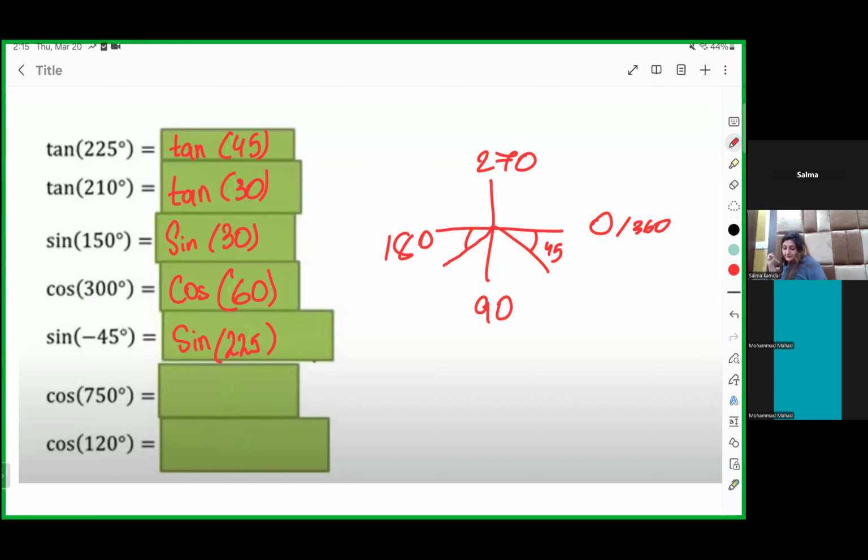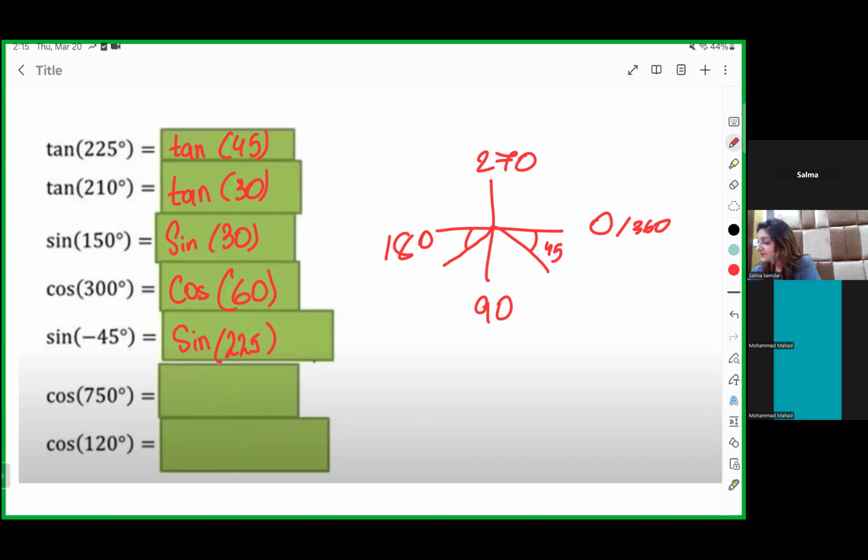Are you with me? 360 plus 90, it's going to be 450, plus 90, 540, plus 90, 630, plus 90, 720.